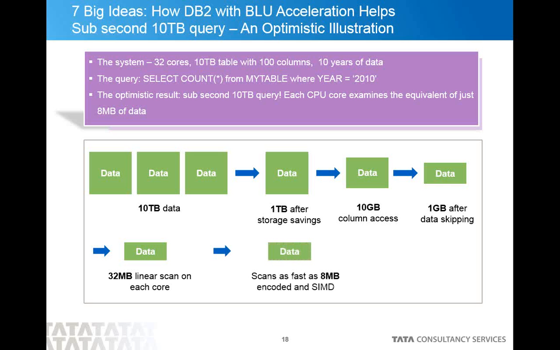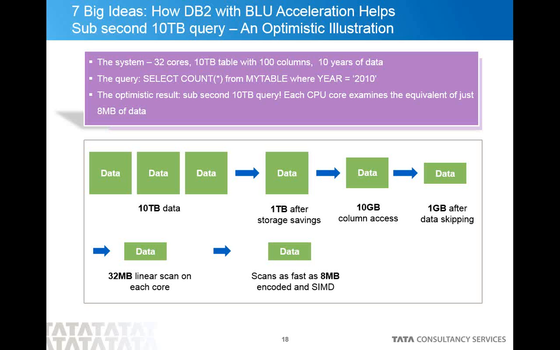It will also make use of SIMD parallel processing in all the cores. So the 10 terabytes of data is slashed down to 8 MB, and it can be fetched in a very, very short time, sub-seconds. It won't require a second to fetch all this data.